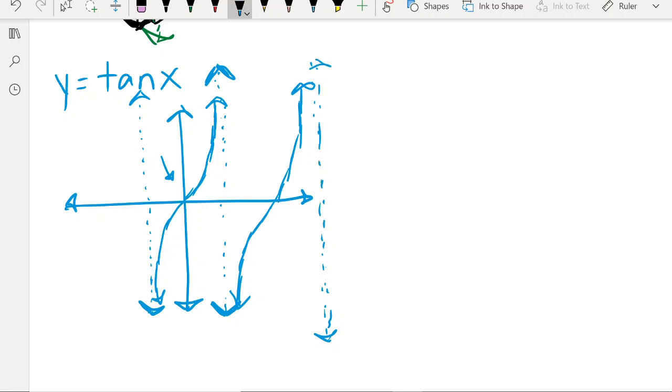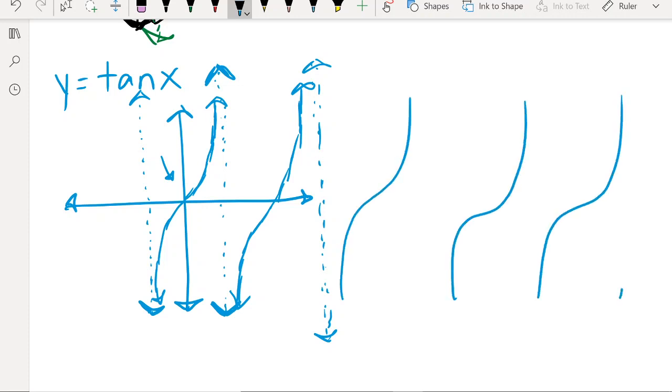It's like if you took a bunch of cubic functions and spliced them all together. It just keeps going and going, like the Energizer Bunny, forever and ever. There's an infinite number of cubic-looking things that make up tangent x, and it just never ends.